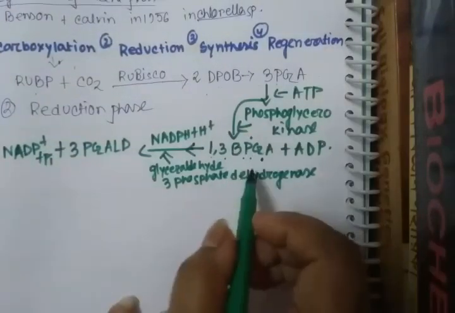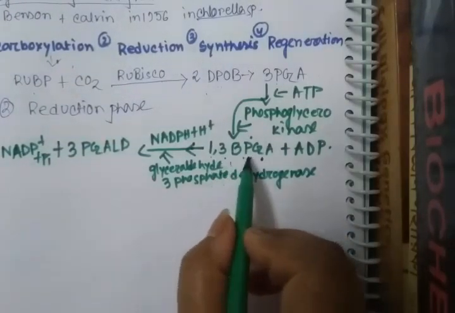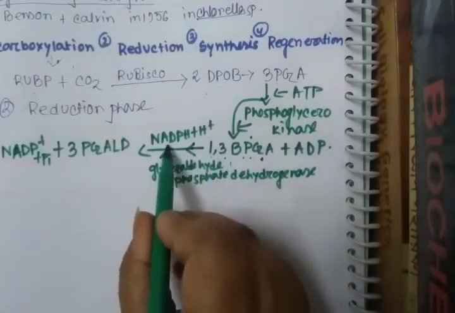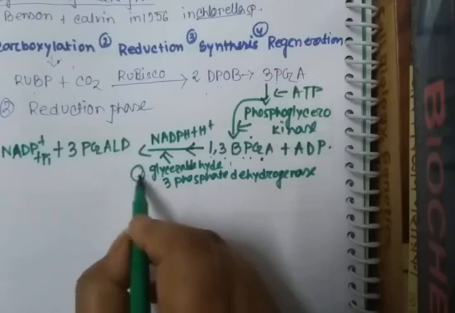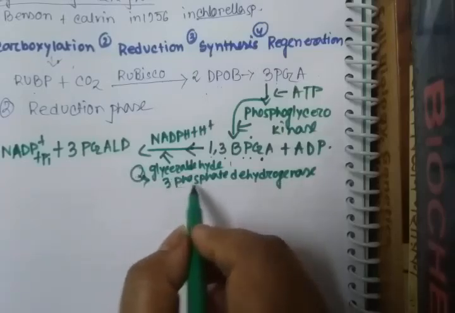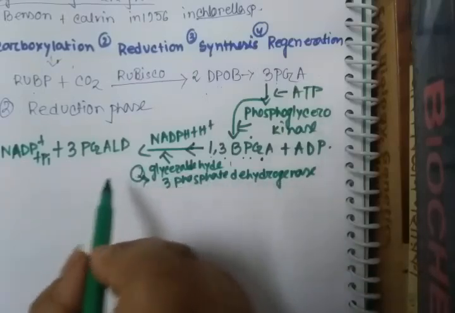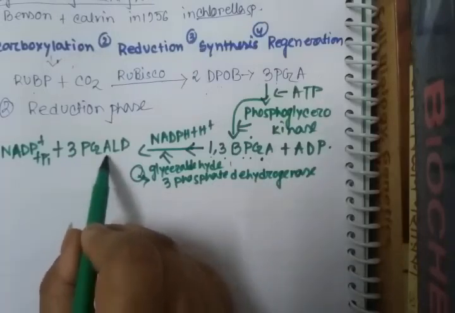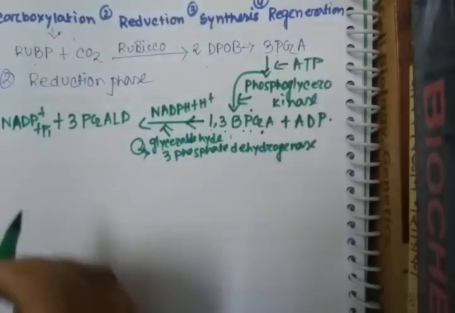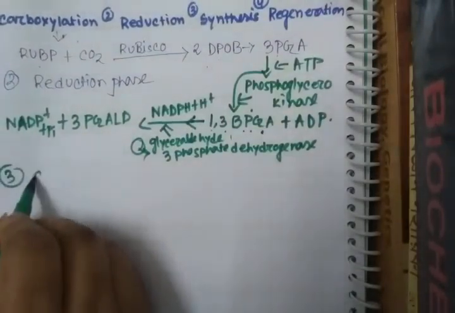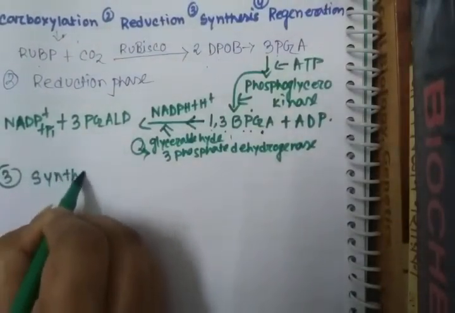So the 1,3-bisphosphoglyceric acid, with the help of NADPH and H plus and the enzyme glyceraldehyde 3-phosphate dehydrogenase, will form 3-phosphoglyceraldehyde. And up next, it will enter into the synthesis phase.